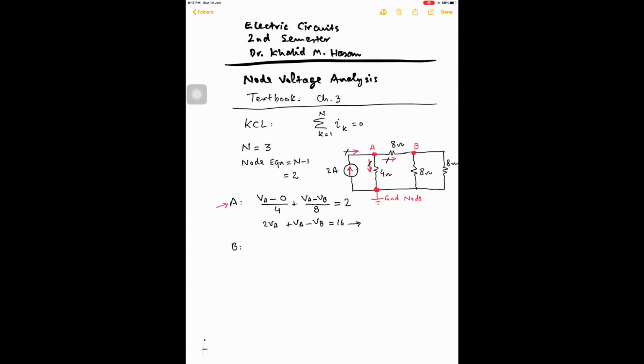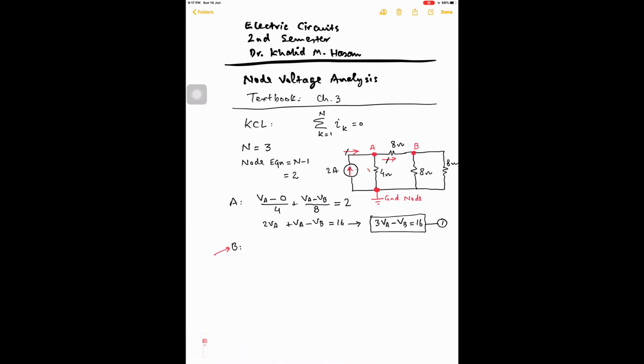We can express this equation as 3VA, all VA terms, and minus VB is equal to 16, and this is our equation number 1 for node A. Now we write equation for node B.